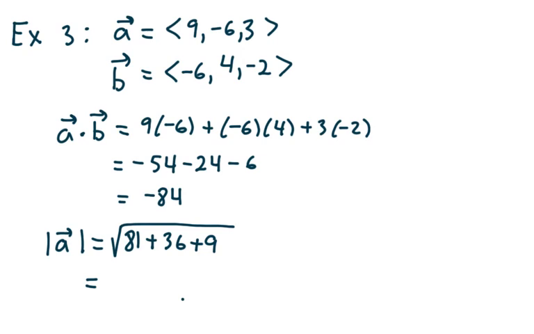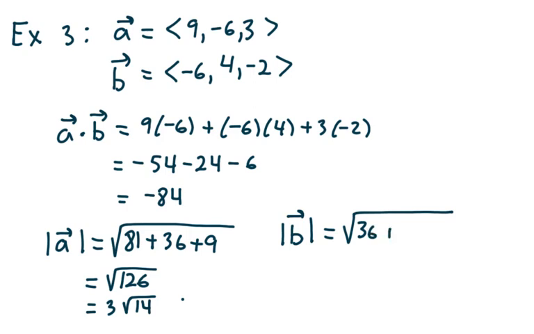And if I add those up, I get the square root of 126. And if you guys remember, this is 3 times the square root of 14. If I take the magnitude of B, you get the square root of 36 plus 16 plus 4, which is the square root of 56, which is 2 times the square root of 14.